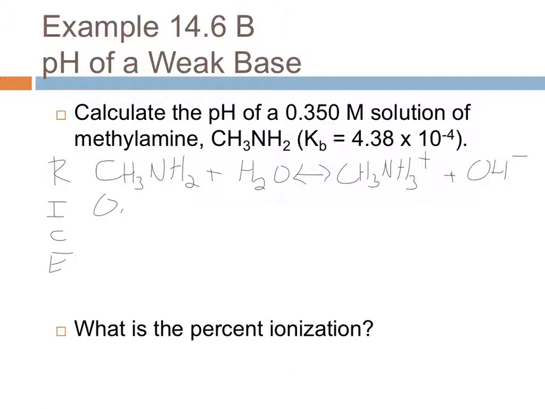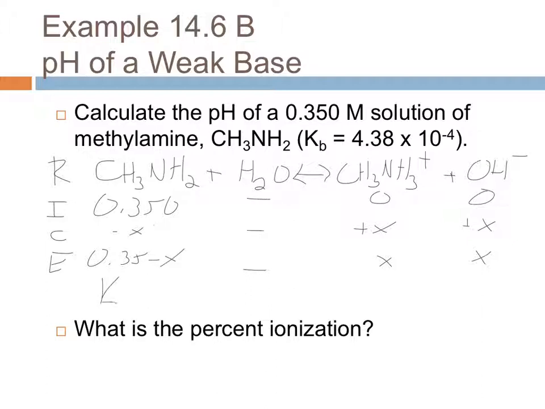This is 0.35 minus x. We don't care about the water, even though it has to be there for the balanced equation. It's not in the RICE chart. These are 0 plus x, x, and 0.35 minus x.